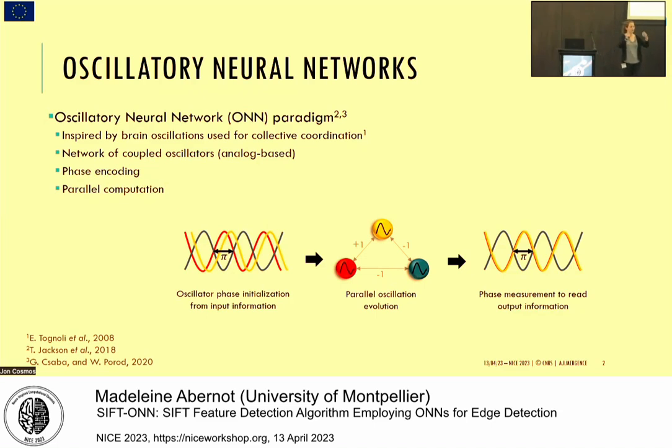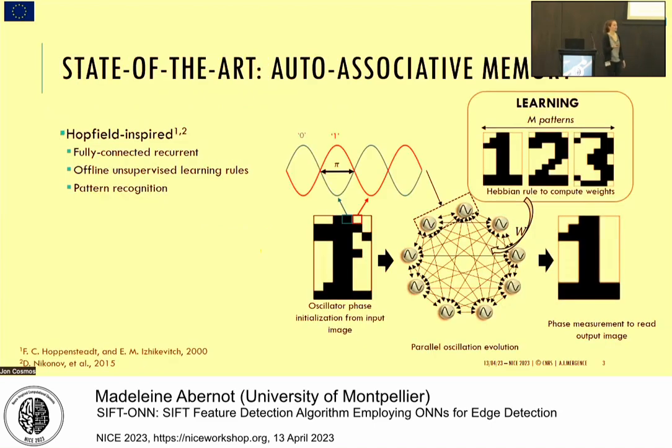We can configure the synapses of our network, and then initialize the phases of the oscillators so they can evolve and stabilize to the desired output depending on the coupling. Usually, oscillatory neural networks are used for auto-associative memory or pattern recognition, like Hopfield networks.